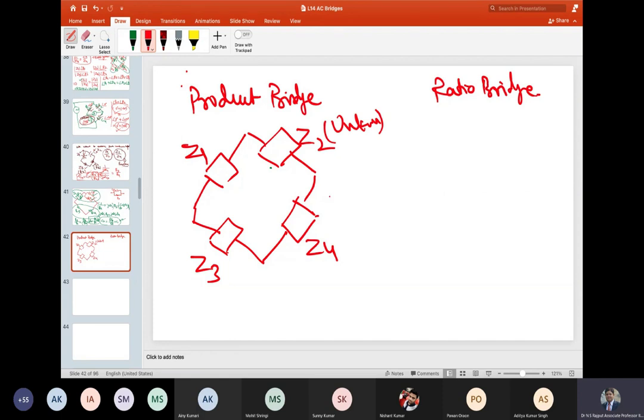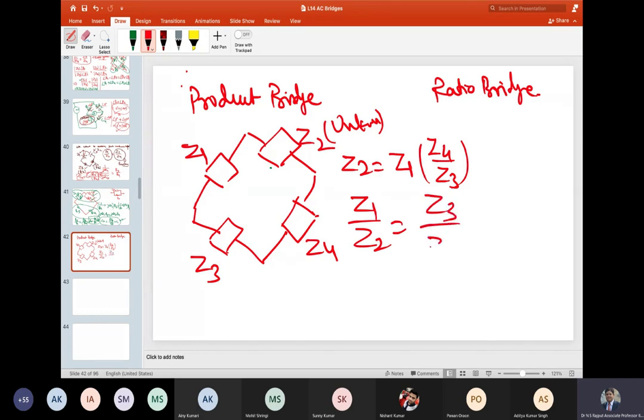So you can write Z2 is equal to Z1 multiplied by Z4 by Z3. Z1 by Z2 is equal to Z3 by Z4, right? So Z2 is equal to Z1 multiplied by Z4 by Z3. Okay. So this is the condition of balance.